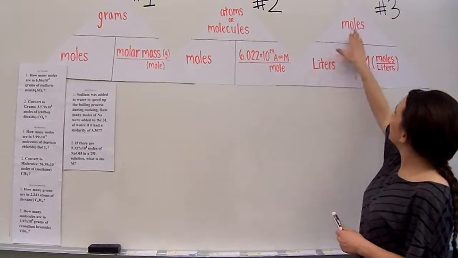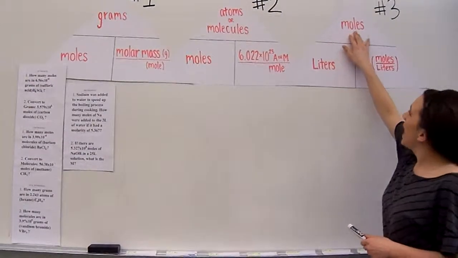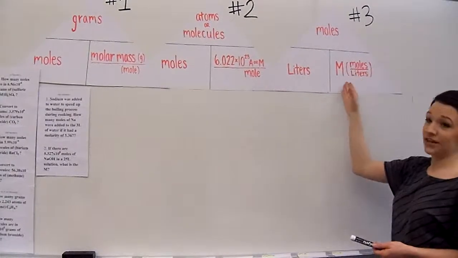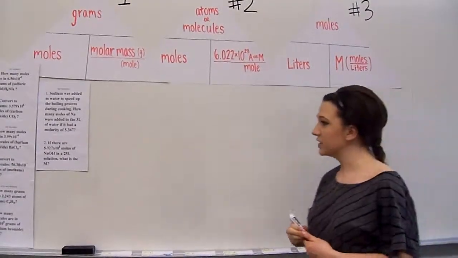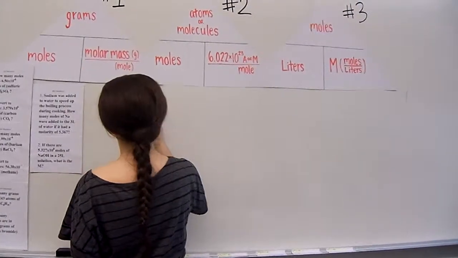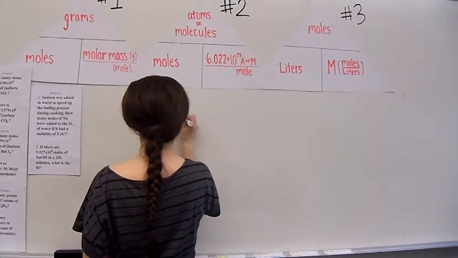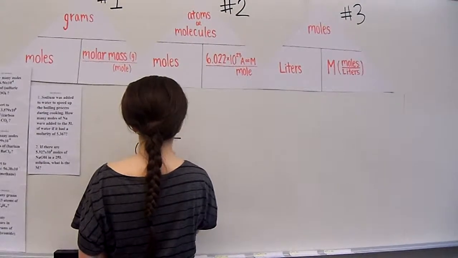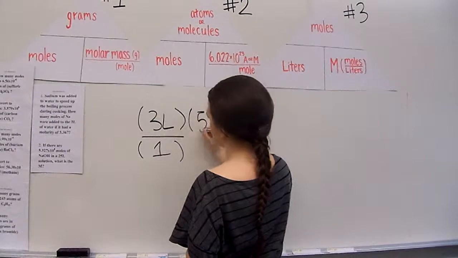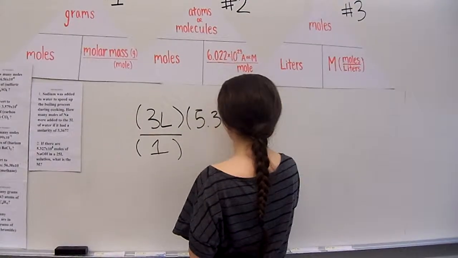So we know that we are looking for moles, and that leaves our option to multiply the given liters by the given molarity. So in this problem, we're going to multiply 3 liters by the given molarity, which was 5.367.